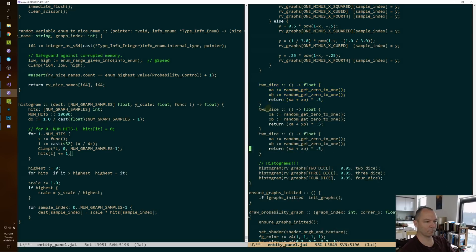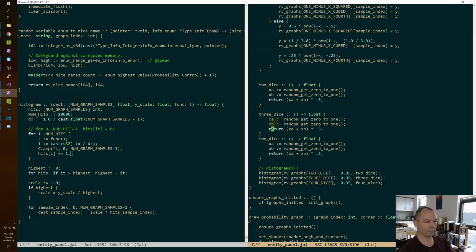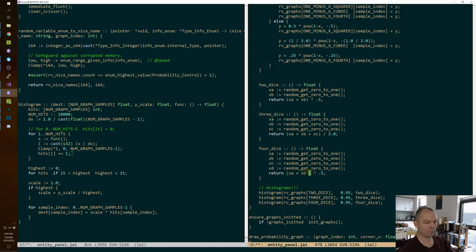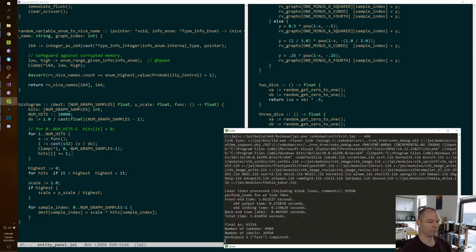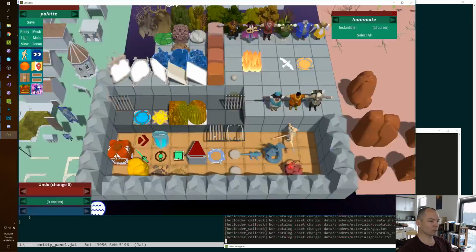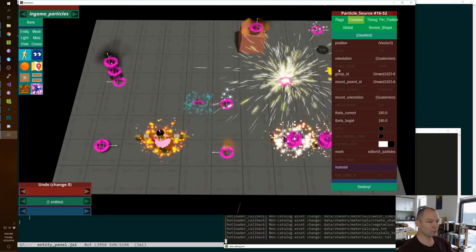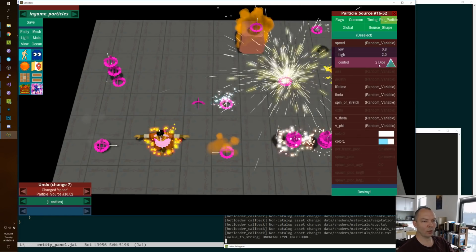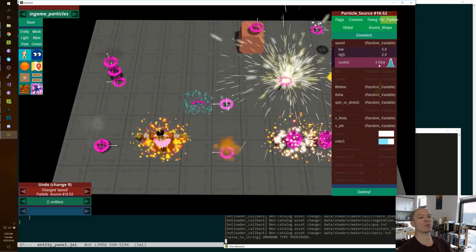Okay. Per particle. 2 dice, 3 dice, 4 dice.